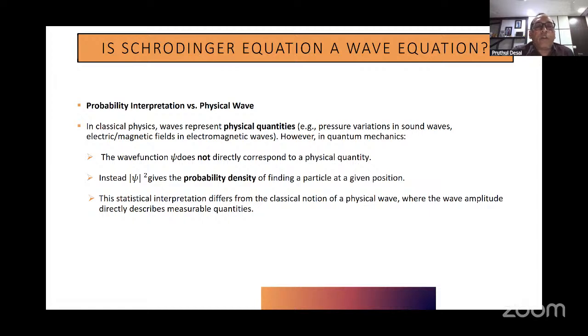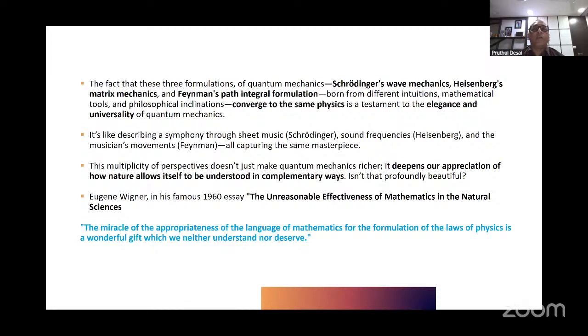However, here the wave function does not directly correspond to a physical reality. It can be an imaginary quantity. Instead, mod psi squared gives the probability density. This statistical interpretation differs from the classical notion of a physical wave, where the wave amplitude directly describes measurable quantities.